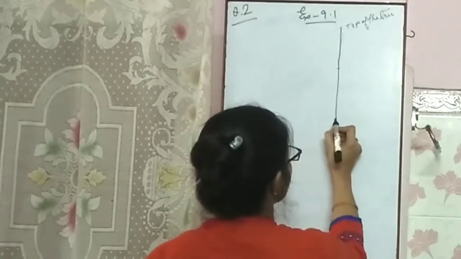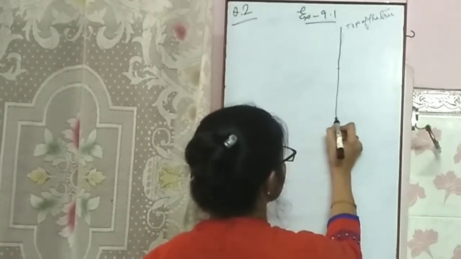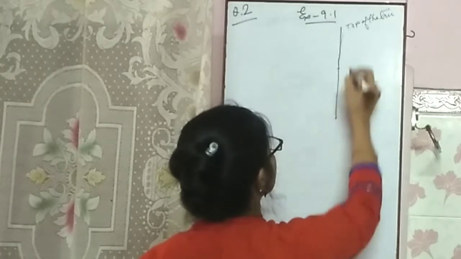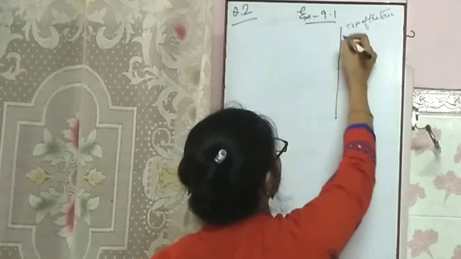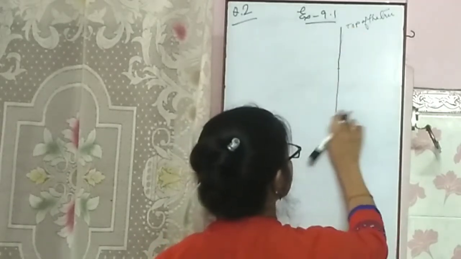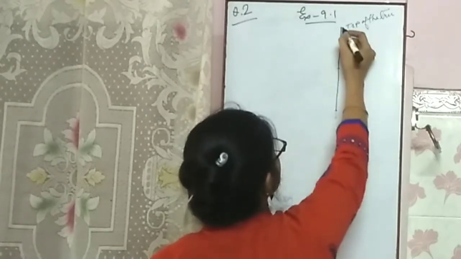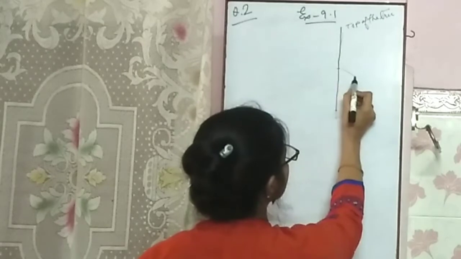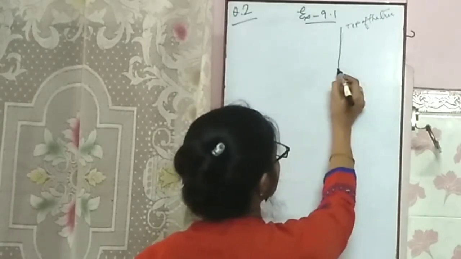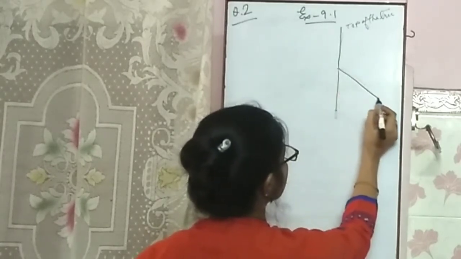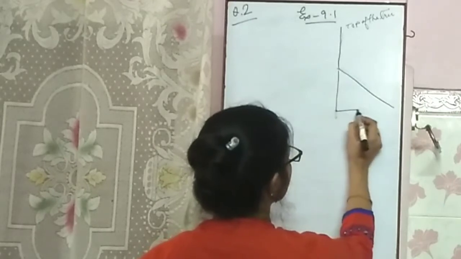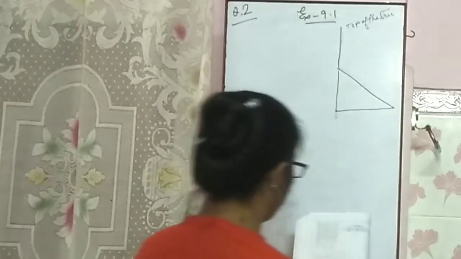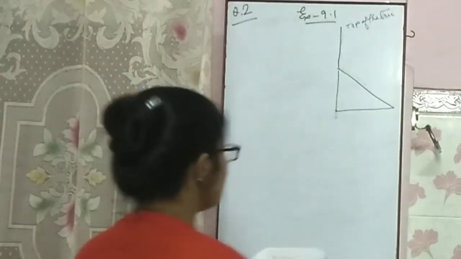It is the foot of the tree. And this part has bent and touched the ground, making an angle 30 degree.